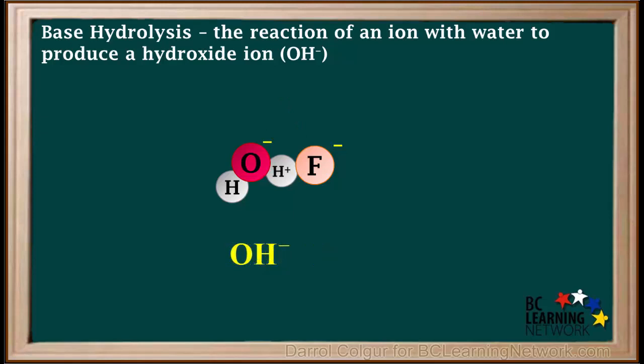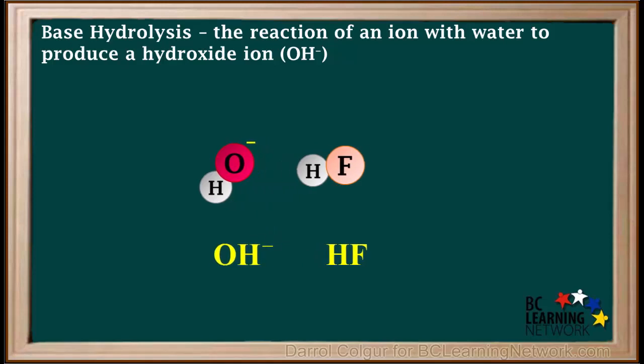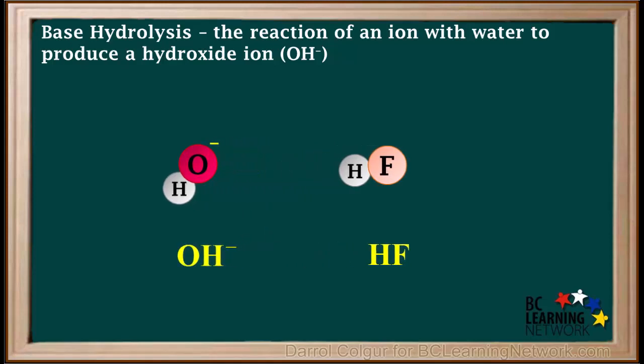This proton now leaves the water molecule and combines with the F-. The H+ and F- form a neutral molecule of HF. So we're left with a hydroxide ion and a molecule of HF, which then move apart from each other.